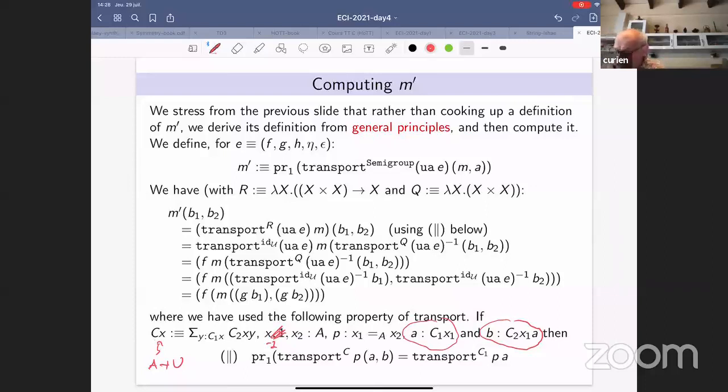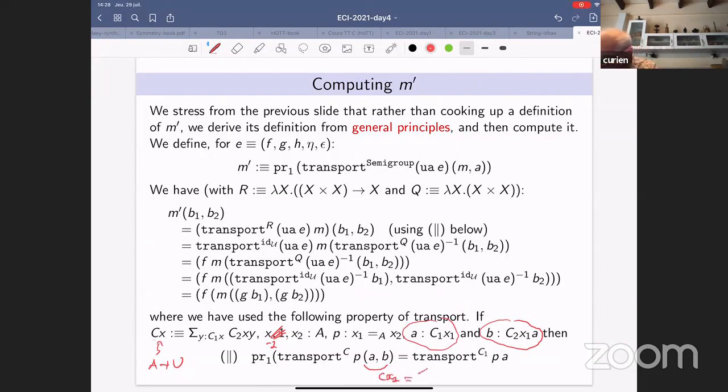What I want to prove is that if I transport relative to C along P a pair AB, because P is from X1 to X2, this AB belongs to CX1.